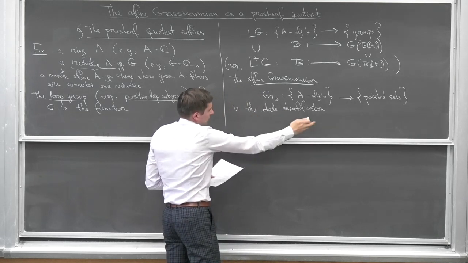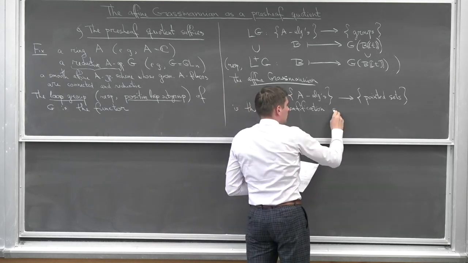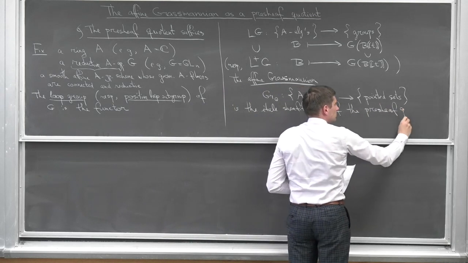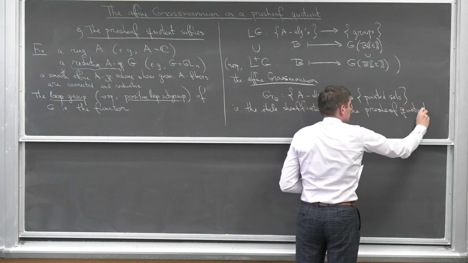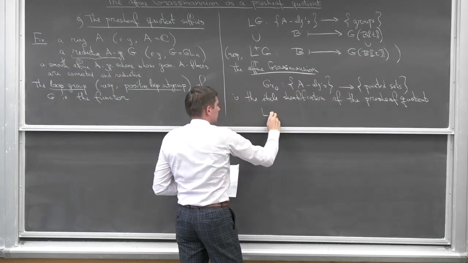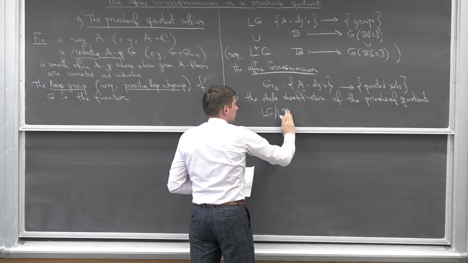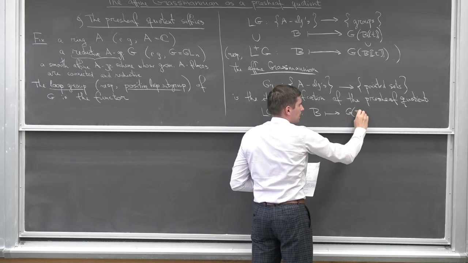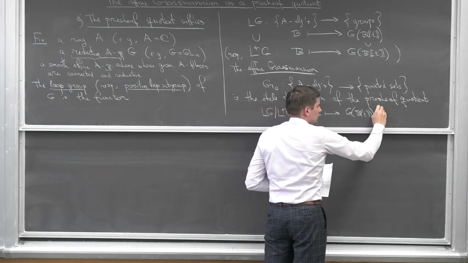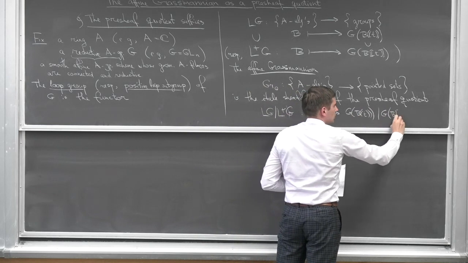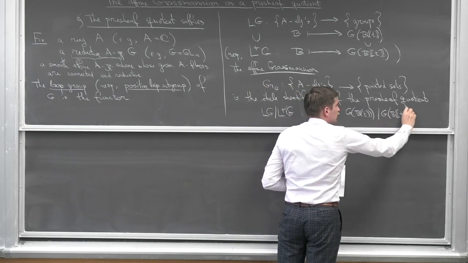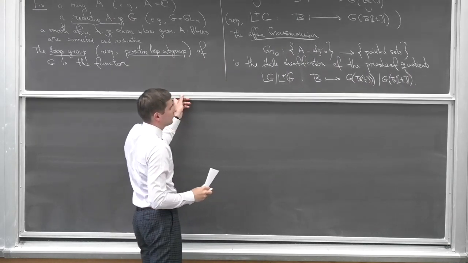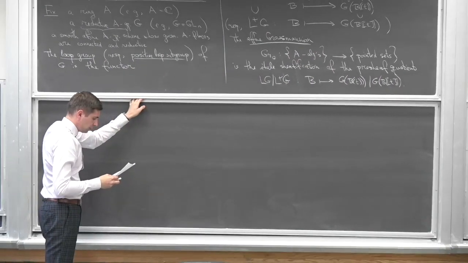And so by definition, it's the étale sheafification of the presheaf quotient LG modulo L^+G. This presheaf quotient is just the functor that sends B to the set of cosets of loops inside loops, that is, the quotient by the class of the trivial identity.